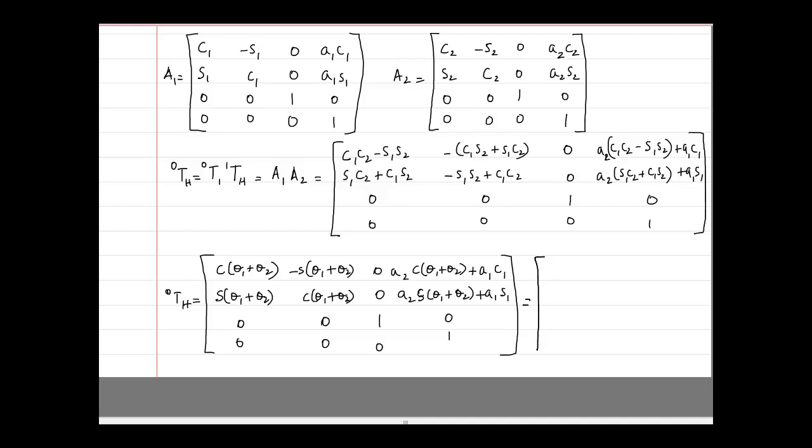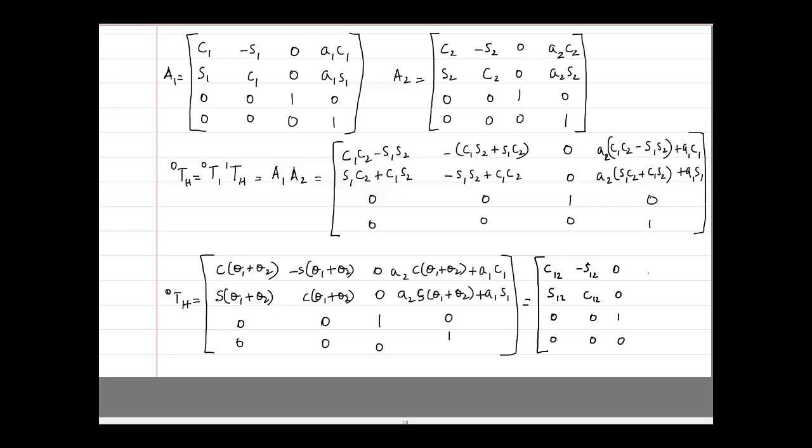So I will write this as C12 S12 0 0, minus S12 C12 0 0, 0 0 1 0.